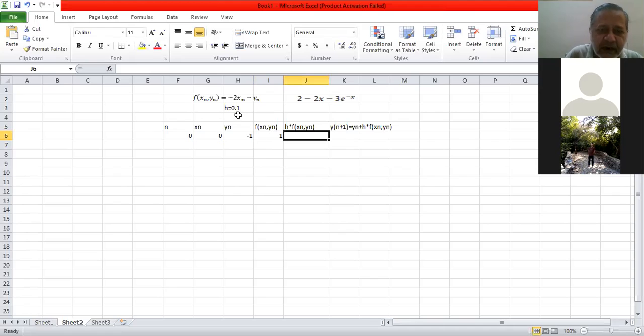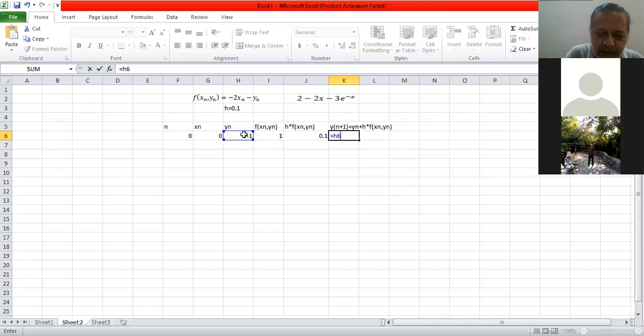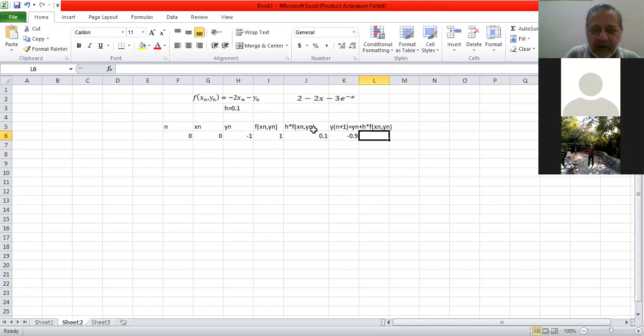Now we have decided that h is equal to 0.01, so either give a cell reference or hard-code it. Multiply by f(xn, yn), whose value is in our cell I6, and to get the new y value we have used this formula, in which the first term is the y value coming from H6, plus h times f coming from J6, and that gives you the new y value.